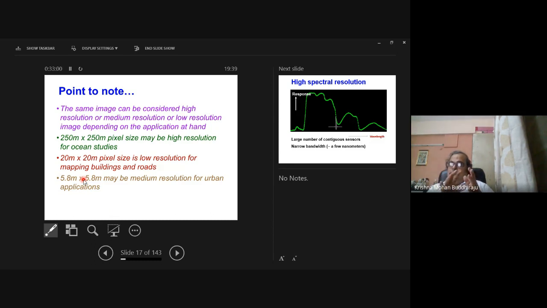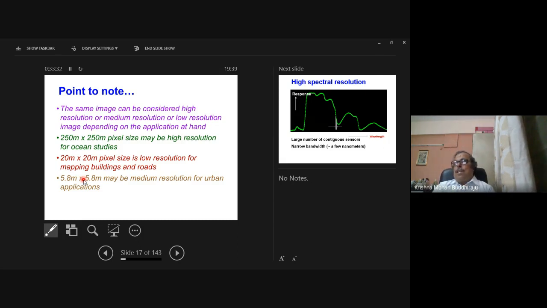And you may also want hyperspectral data if you want to distinguish between road surfaces, between tree species, between polluted and better quality water, etc. Space-borne hyperspectral sensors are not easy to get today.